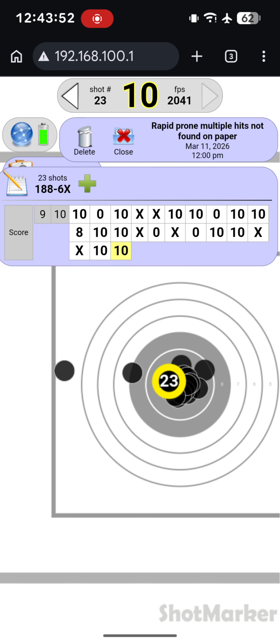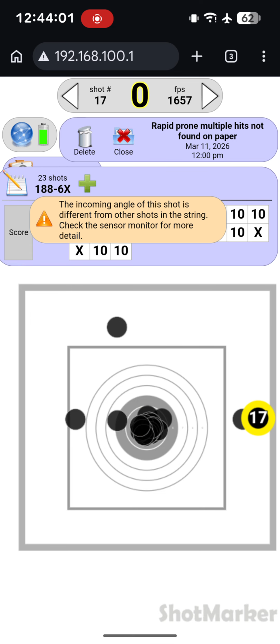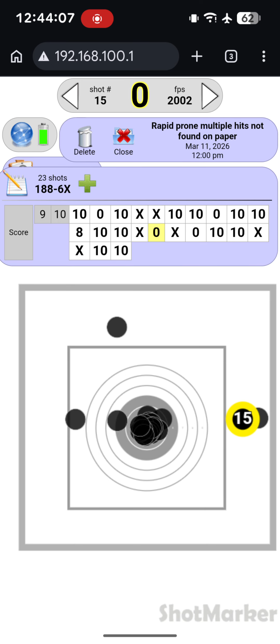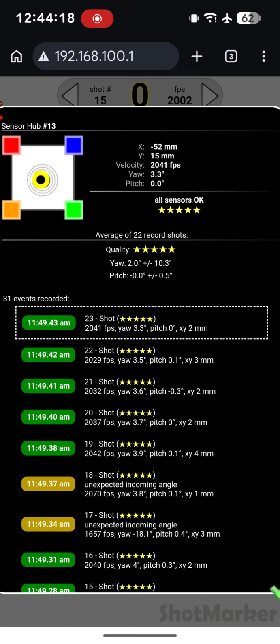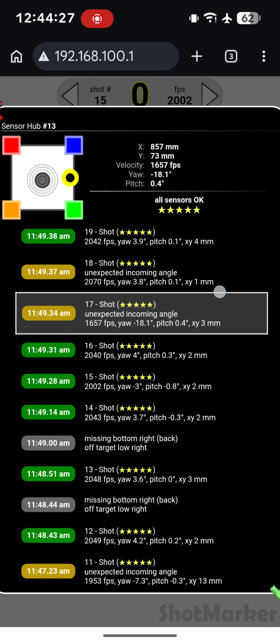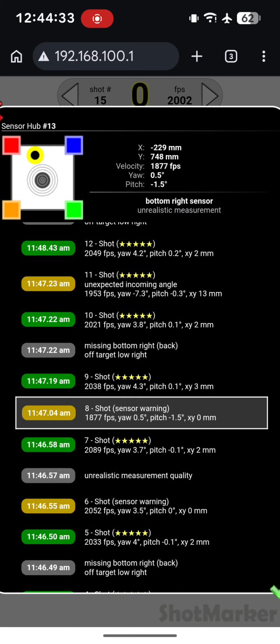This is rapid prone. There were a bunch of shots on here, as you can see, that were not found on the paper. So all these shots out here. And lots of technical warnings are showing up. Not for all of them, like this one, shot number 15 is 0. There's no technical warning here, but let's see what the sensor monitor says about some of these shots. So, yeah, problems, right? This shot is bad, this shot is bad, this shot is bad, this shot is bad.